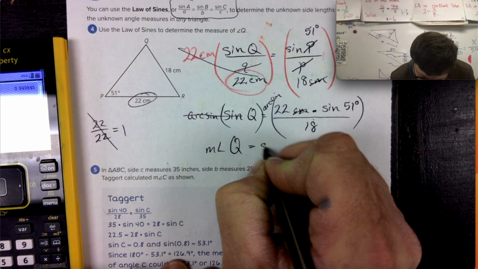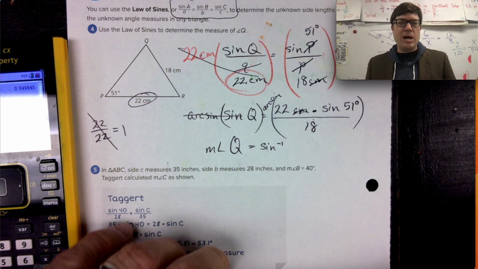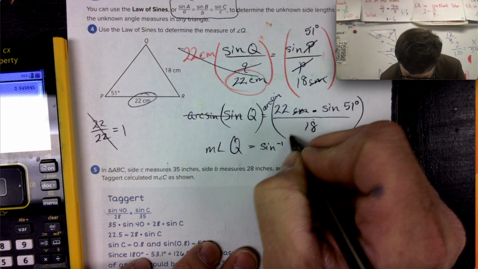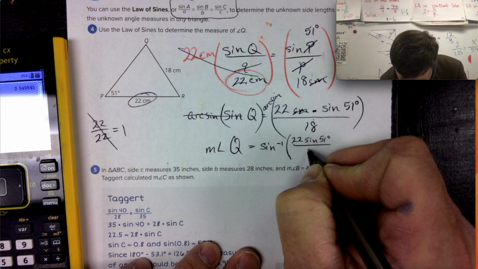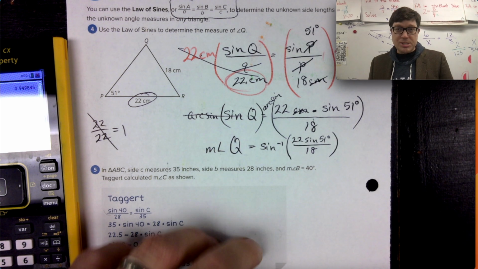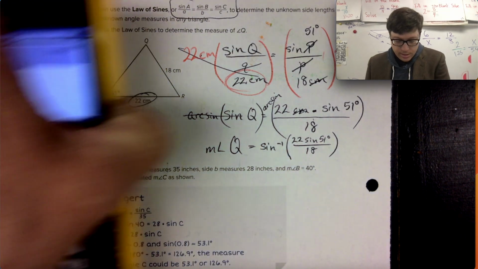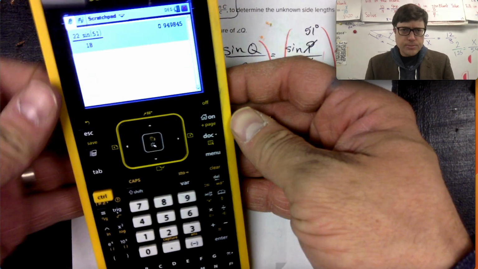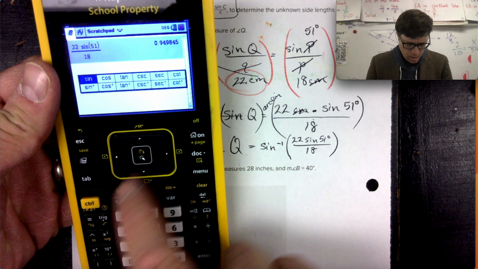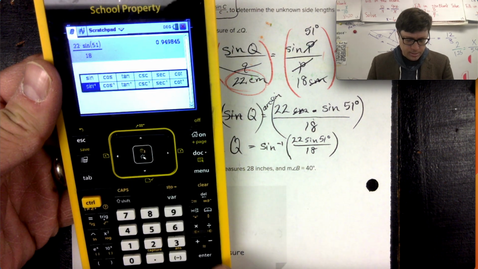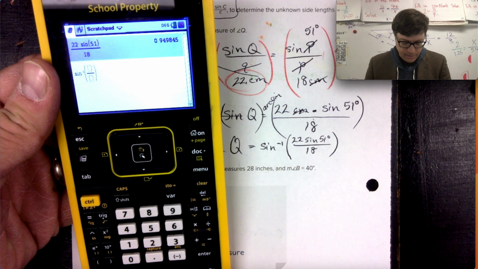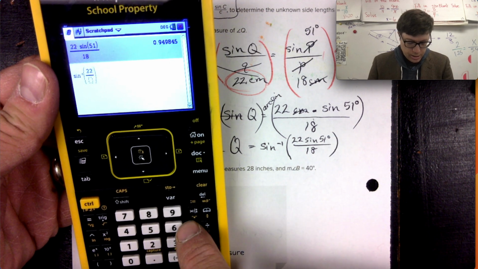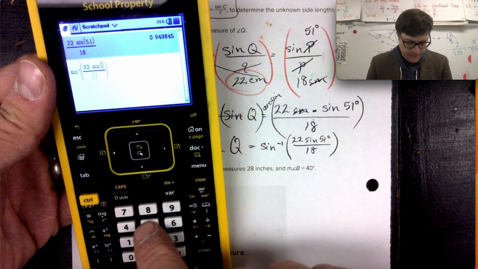In the calculator, arc sine is written with the -1 notation. And then all of this will go in the parentheses of sine inverse. It'll look something like this. Arc sine. And if you want a fraction, you can go control divide to make a fraction. 22 times sine of 51.